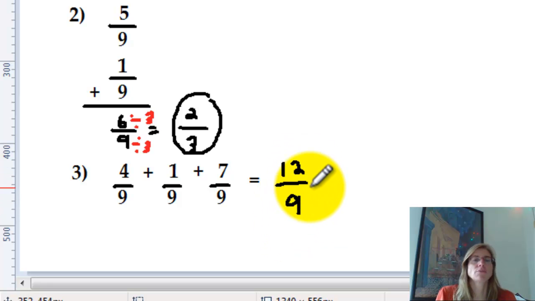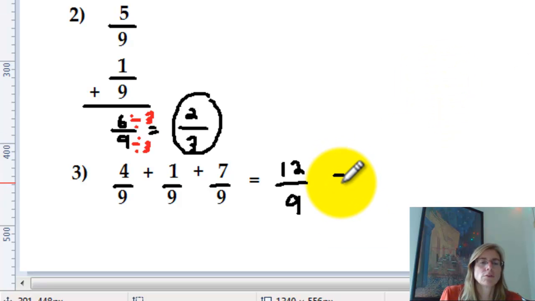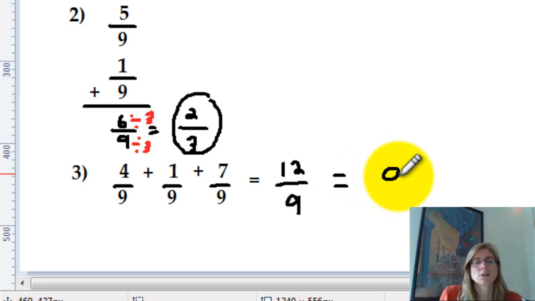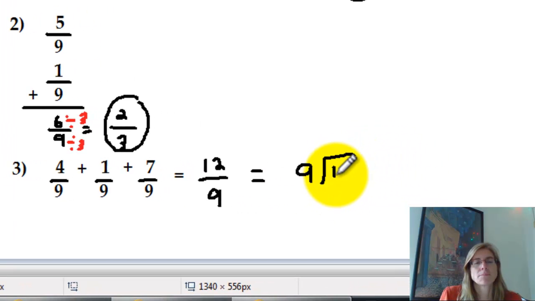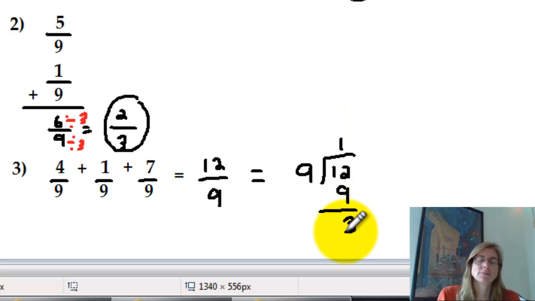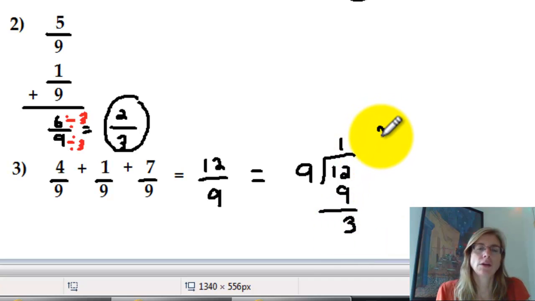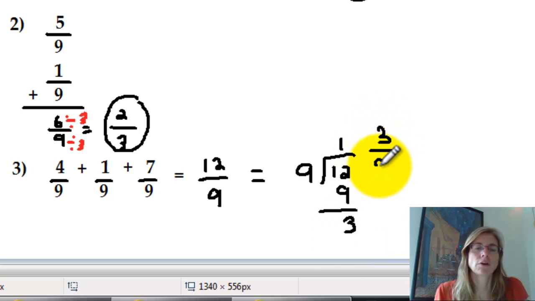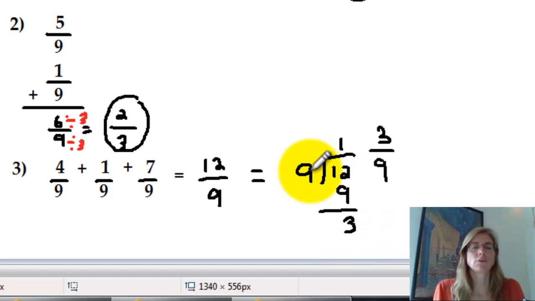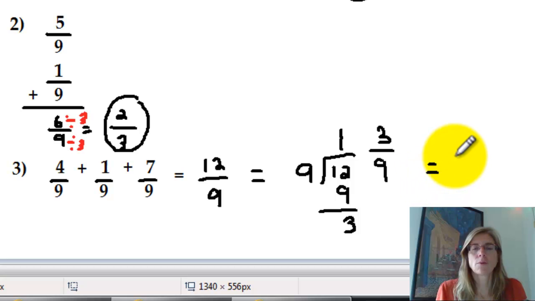Now we have an improper fraction, so we have to write it as a mixed number. 9 into 12 goes one time, and subtract 12 minus 9 is 3, and we have remainder over divisor, and you end up with 1 and 3/9.